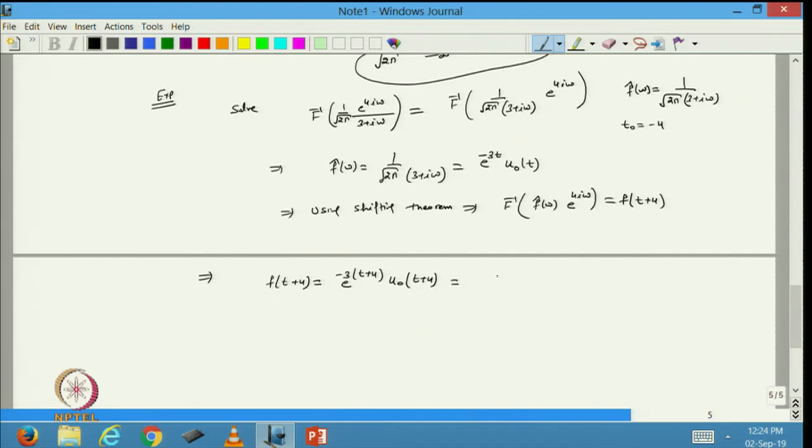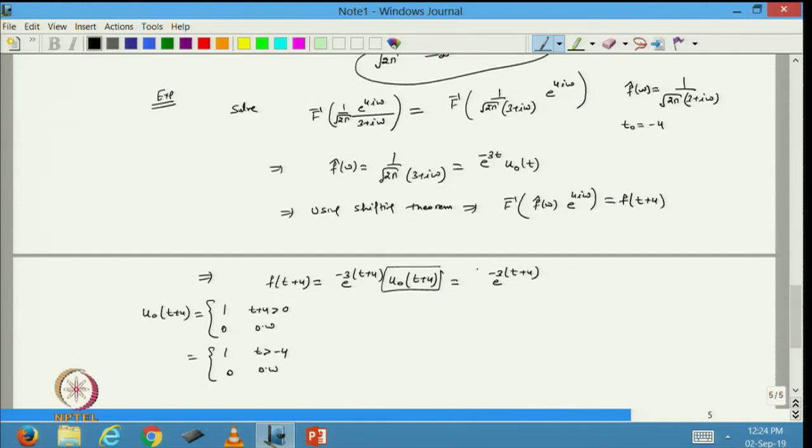Now, u naught (t plus 4) will be 1 when t plus 4 is positive, 0 otherwise. So, this is equal to 1 when t is greater than minus 4 and 0 otherwise.